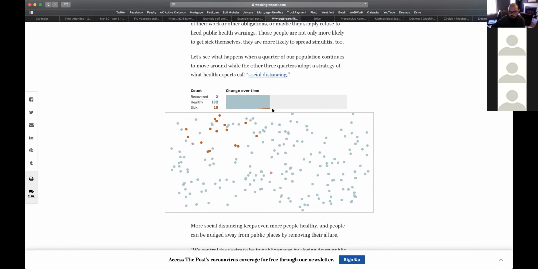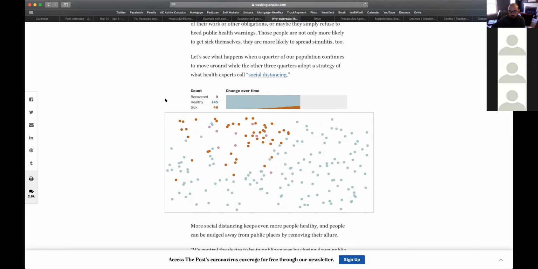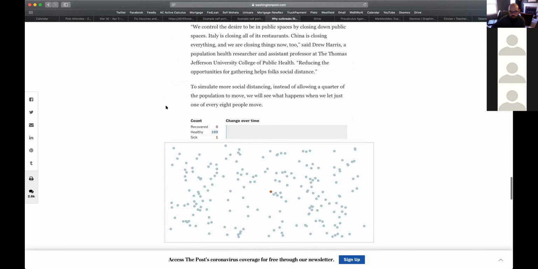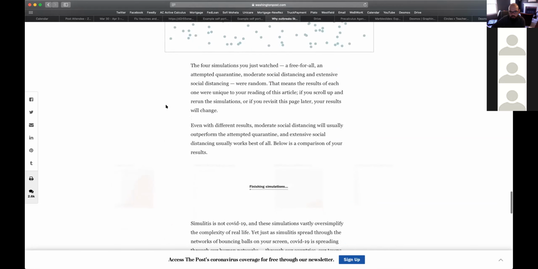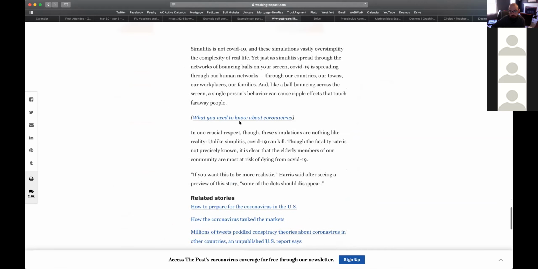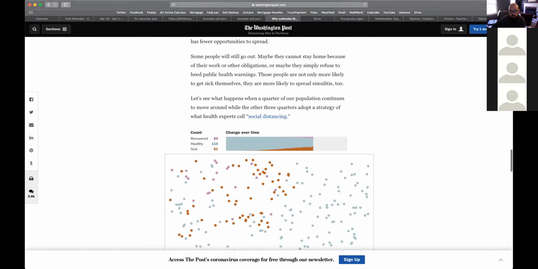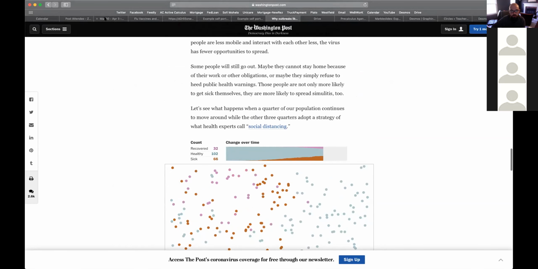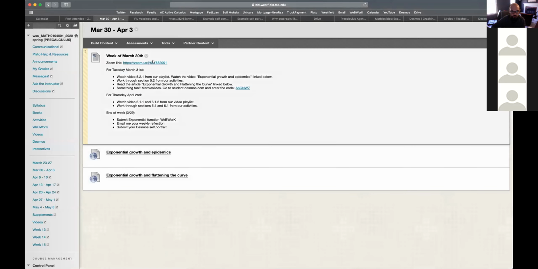And then you can see how over time the curve is much less drastic. All right, so read this article, and then we can talk about these. There's a couple of them, and every time you load it, it's actually running simulations for you, so it's brand new every time you load the page. So check this out, and then check out the other video.